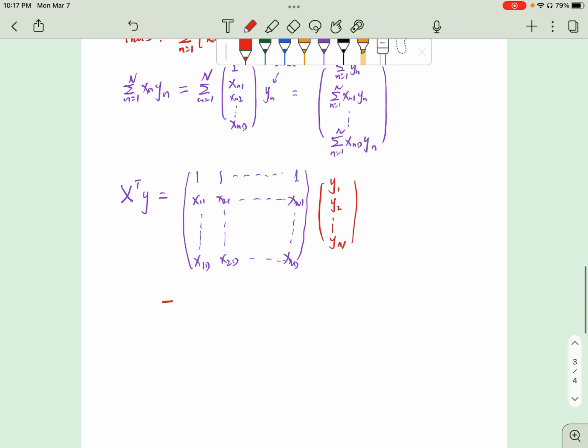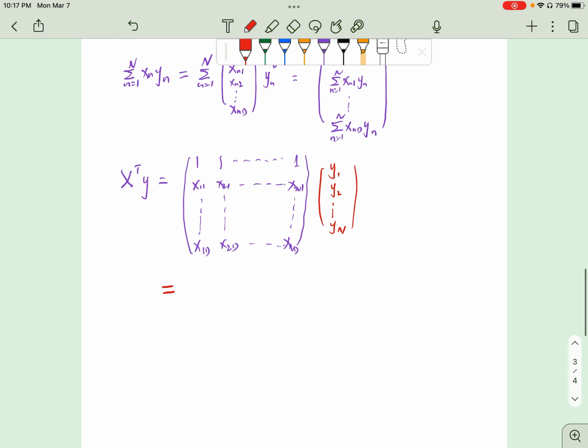So if you multiply this matrix with this vector, you will get, the first one is a summation. Use this row to multiply with this column. You will get the sum of yn, n from 1 to n.